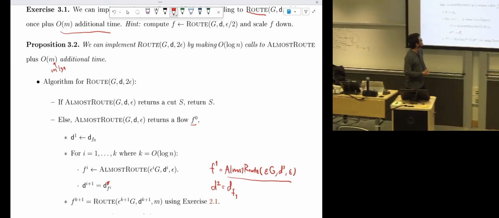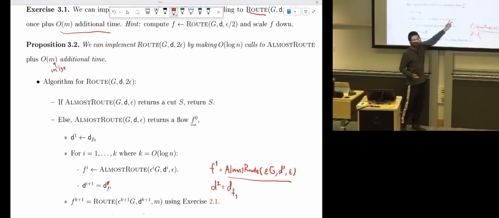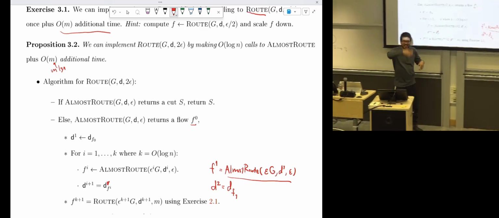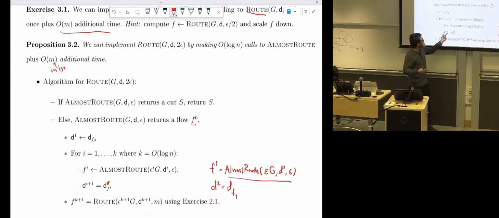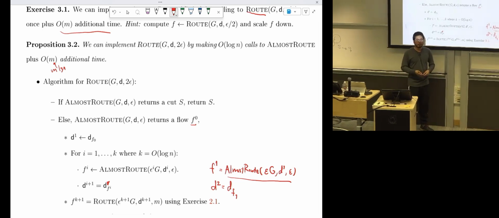After log n rounds, the last residual demand will be routable with really tiny congestion, like 1 over poly m.